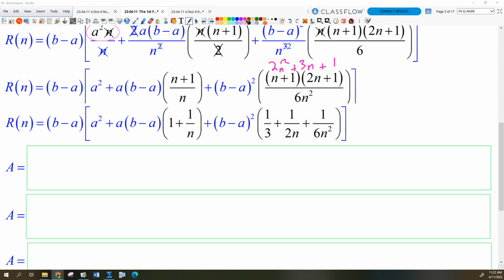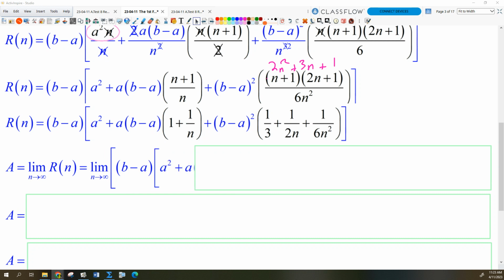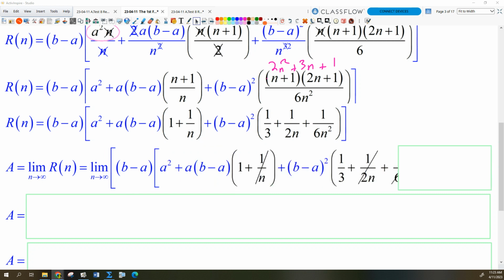They're all on the bottom. There's the trick, right? What if we take the limit as n goes to infinity? We're going to take the limit of this right sum as n goes to infinity, and look what's going to happen here. Look at all the good stuff that happens there.